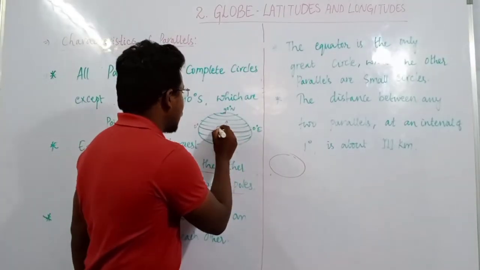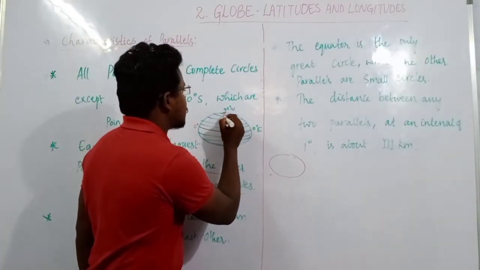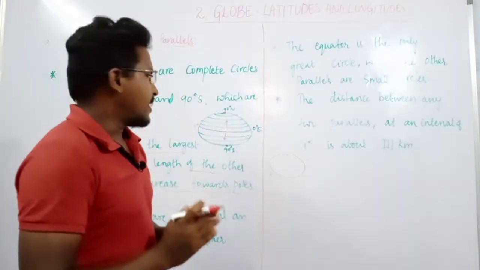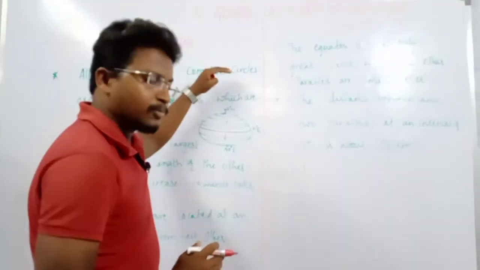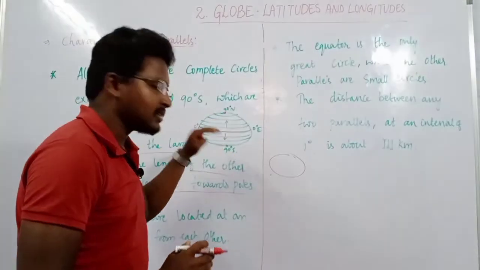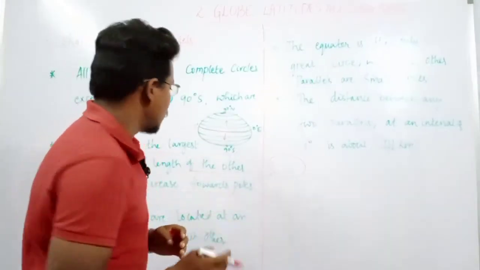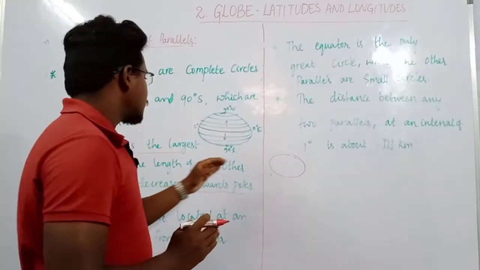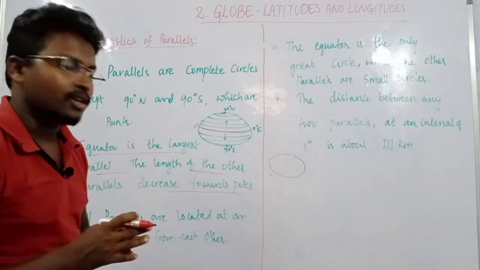As you see here, the size of each latitude is getting decreased, and here also it is getting decreased. The largest latitude is the equator, which is 0 degrees.